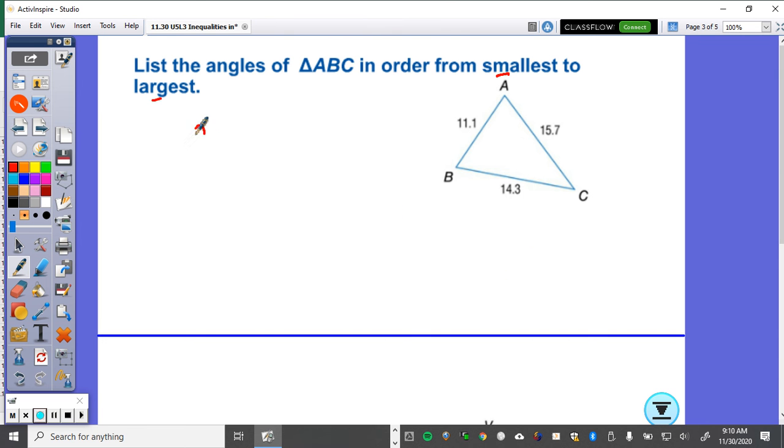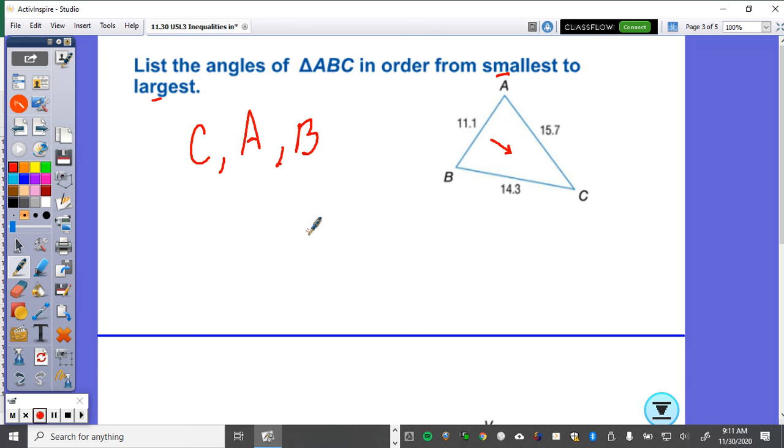C. Because if I look at 11.1, which is my shortest side, across from the smallest side is the smallest angle. Okay? The next smallest is A. And then after that, B.